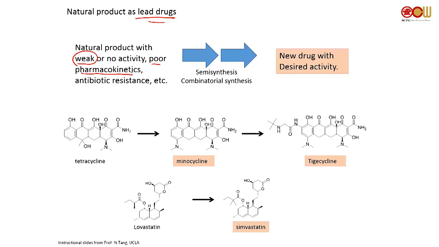So because of those properties, a lot of times we need to design better drugs, okay? But how do we design better drugs? We need to have this thing called the lead, okay? 有点像是你要先有一个 base 的 model，然后你才能去 modify 这样. For example, give you a very good example. This is a new antibiotic that is derived from tetracycline.